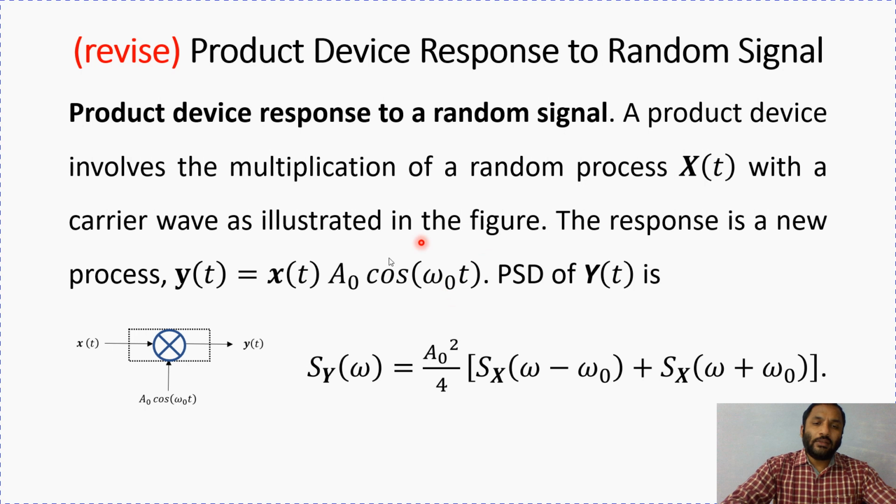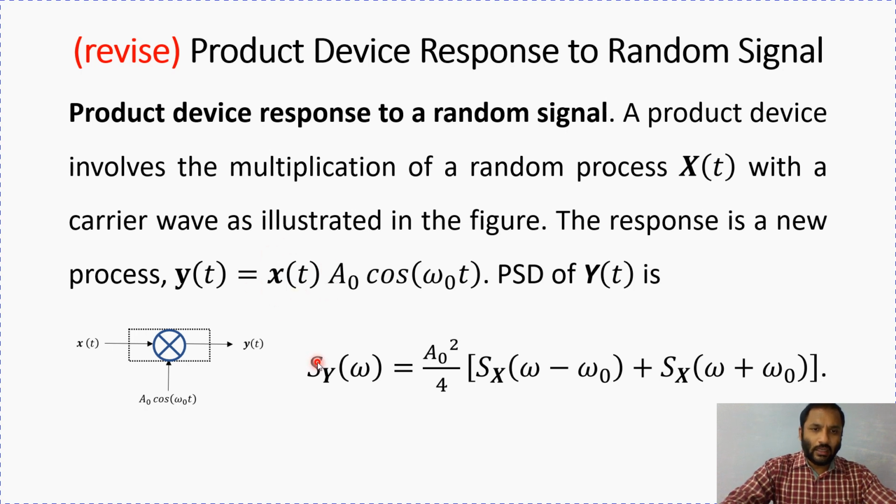Now this cosine function at every time point is multiplied with a certain amplitude which depends on the input process x of t, or in other words the amplitude of this cosine is modulated by this x of t. So at every time point the amplitude of this cosine is decided by this function x of t.